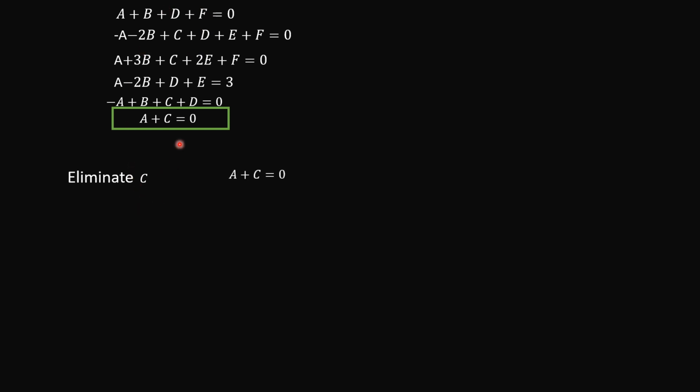Since we know A plus C is equal to 0, then we know C is equal to negative A. So in the first equation, A plus B plus D plus F is equal to 0. We don't have any C term there, so that just remains as it is.